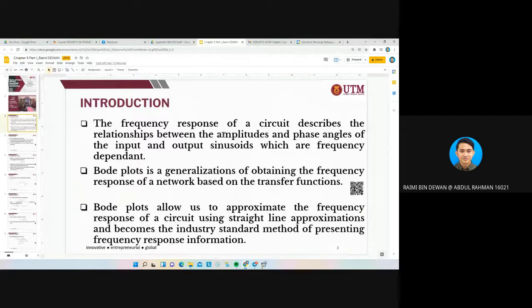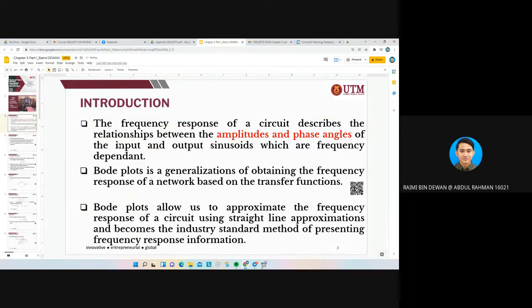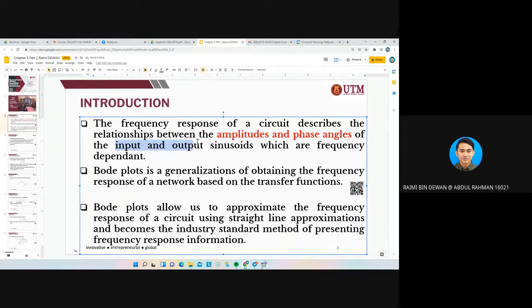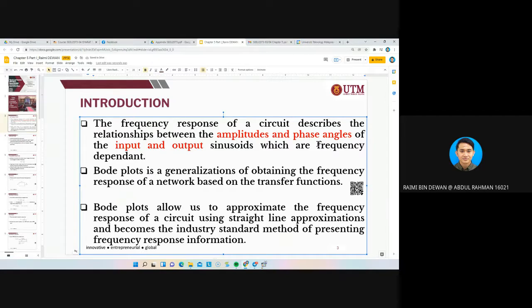The important points are the amplitude and phase angles of the input and output. And of course it is frequency dependent because we have it in omega terms, which is the frequency, 2 pi f.